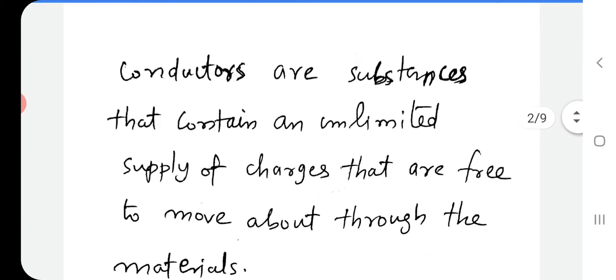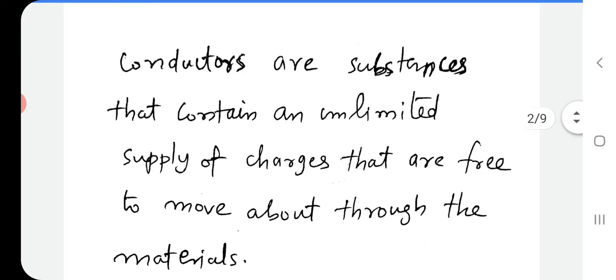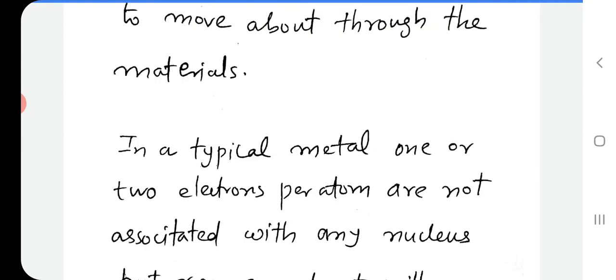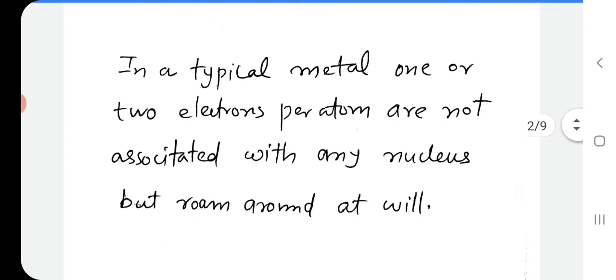Conductors are substances that contain an unlimited supply of charges that are free to move throughout the material. Metals are excellent examples for conductors, and we know in a typical metal, 1 or 2 electrons per atom are free.